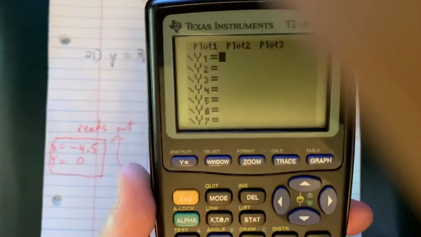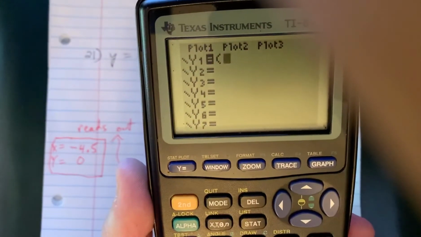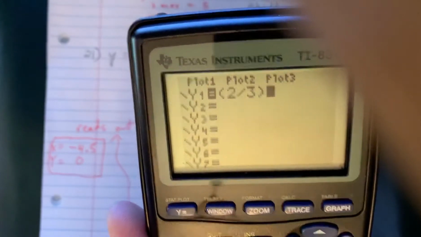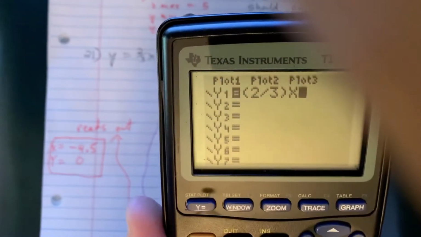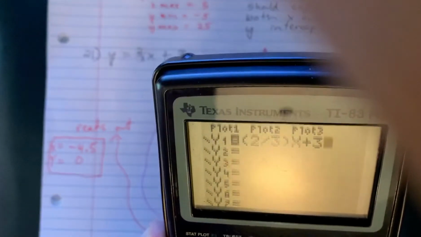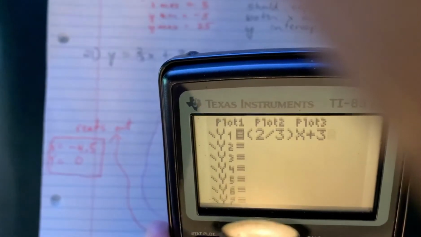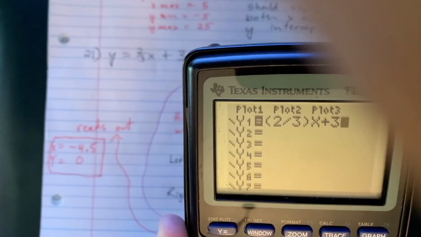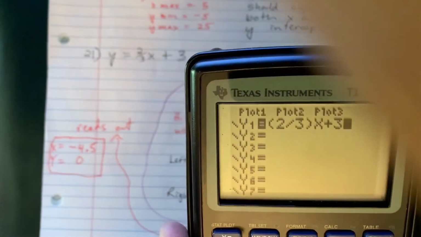Now, you could do 2x divided by 3, that's fine, or you can go like this: parenthesis 2 divided by 3, end parenthesis, and then x, plus 3. That's another way to put it in. But I don't think you want to do 2 over 3x. I think that'll give you a wrong one if your calculator is this old.